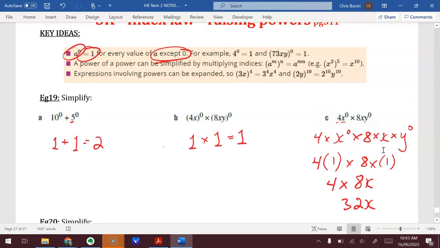Now, a power of a power, so a power taken to a power, can be simplified by multiplying the indices. So a to the m, that whole thing to the power of n, is going to be multiplying the two, not adding them together. So if you have x squared to the power of 5, you've actually got x squared multiplied by itself 5 times.